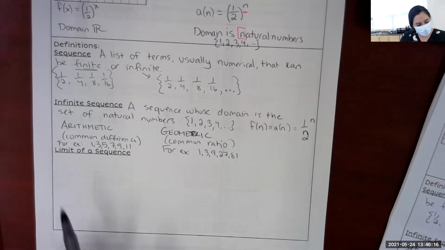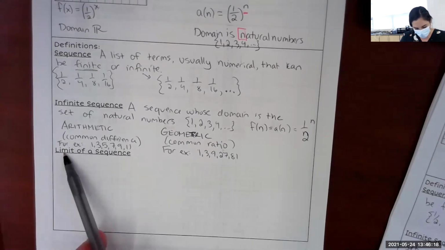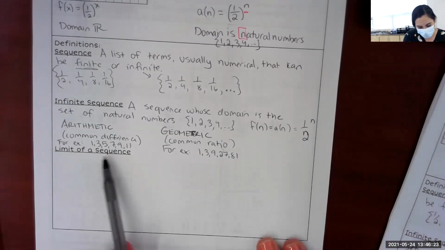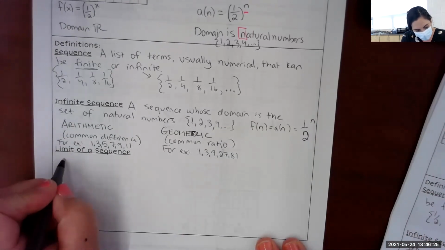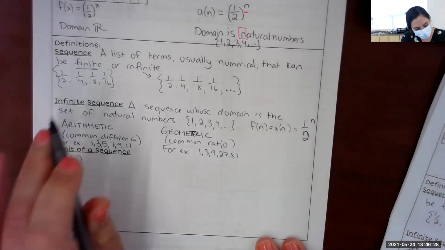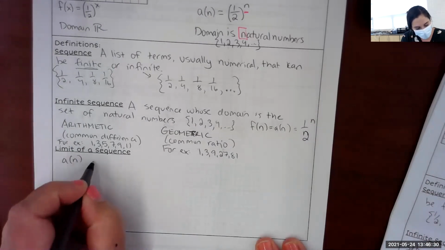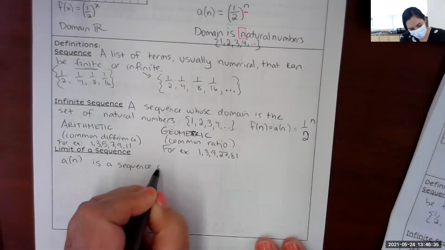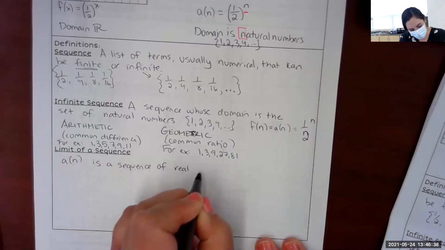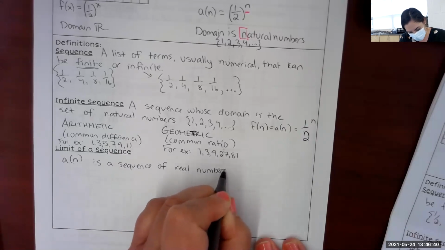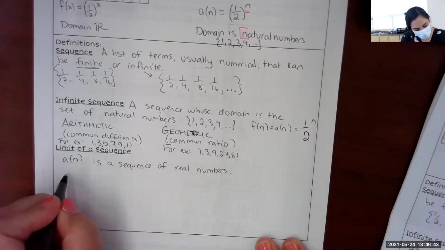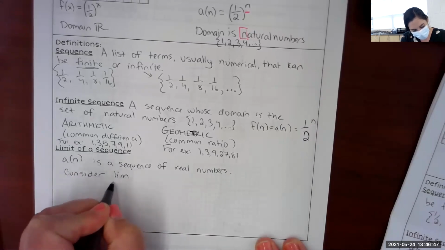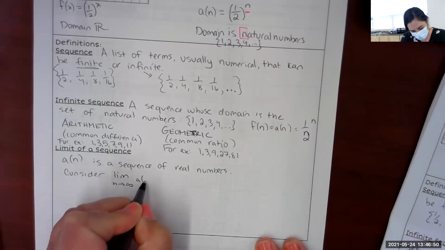Okay, last definition is the limit of a sequence. So the limit of a sequence is what we're going to study for the first part of this lesson. So we're going to start with this idea that A of n is a sequence of real numbers. Okay. So we're going to consider the limit as n approaches infinity of A of n.